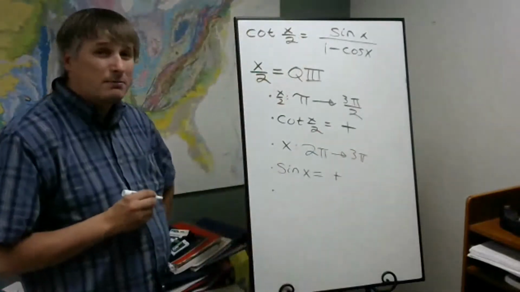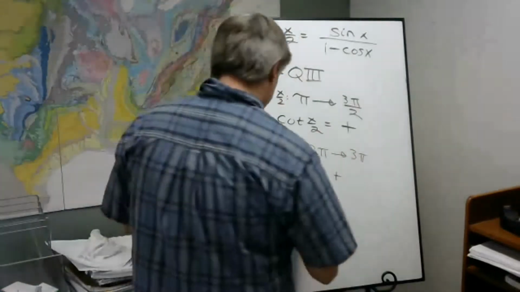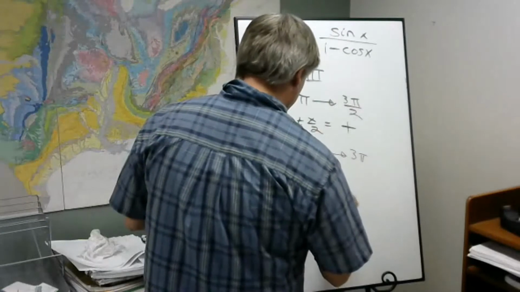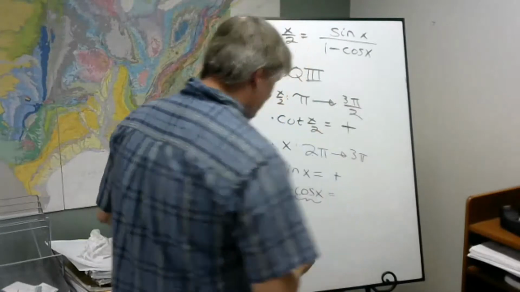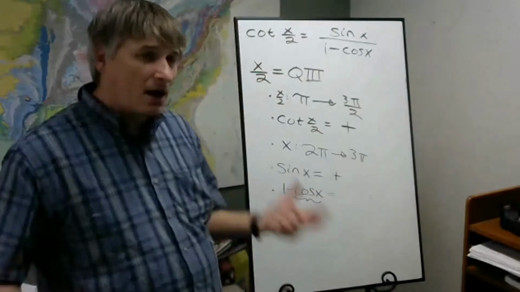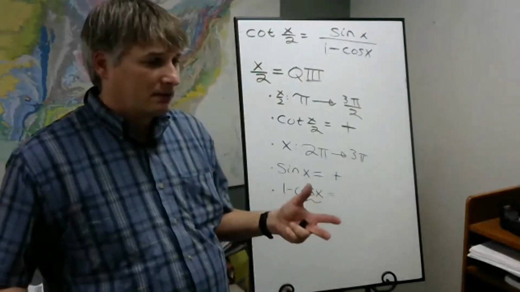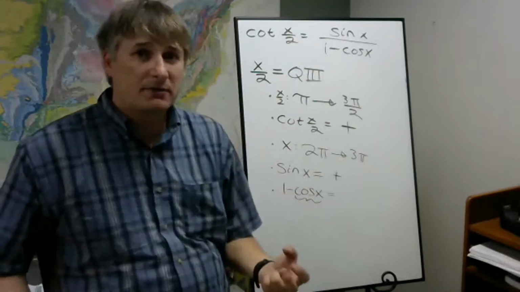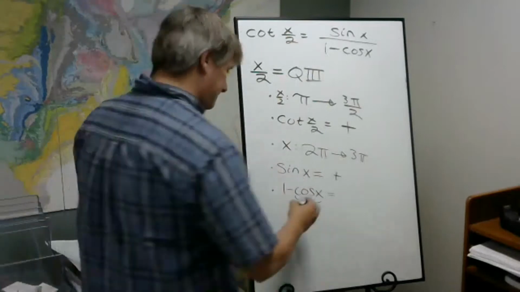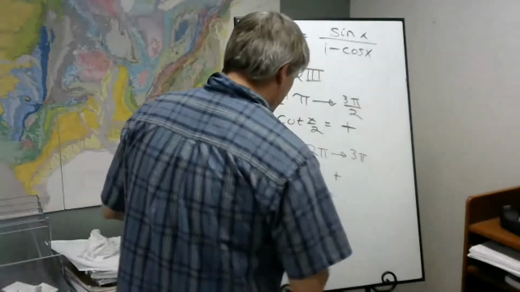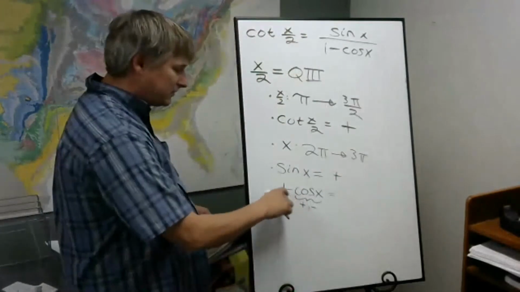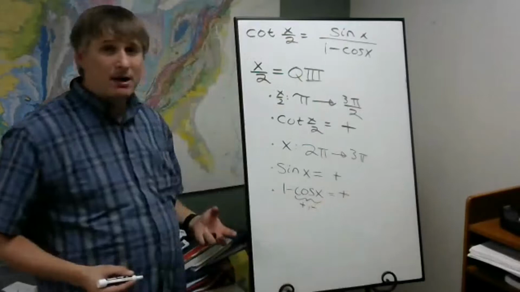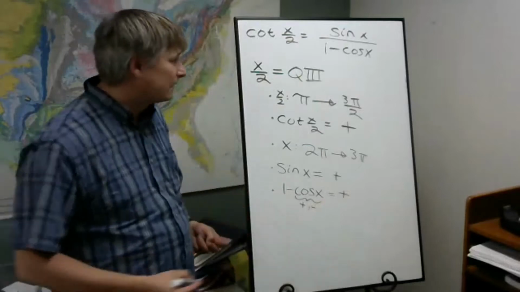Now, what's going to happen to 1 minus cosine x? Well, if we're talking about the top half of the unit circle, that's really the first quadrant and second quadrant. And cosine is positive in the first and negative in the second. But again, if we're subtracting this from a number as big as 1, it's still going to come out positive, just like we've seen before.